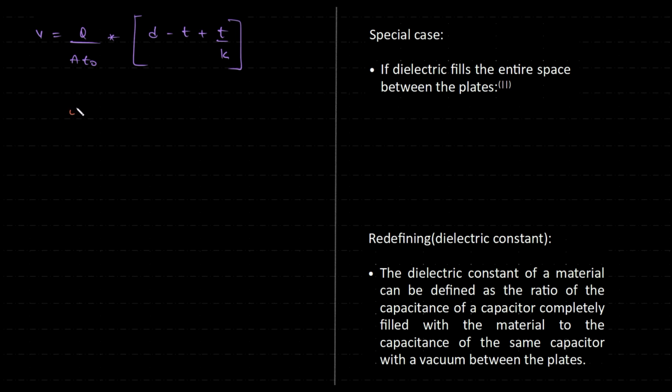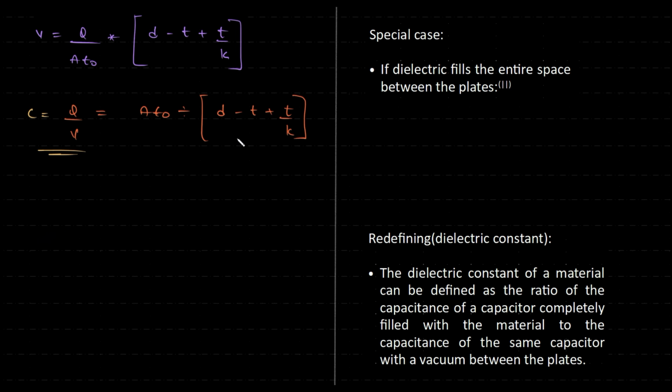If I go with Q by V from this particular expression, what should happen? A epsilon naught should go to the numerator, while the denominator should have d minus t plus t by K. And this is nothing but your capacitance of a capacitor. Simple as that.